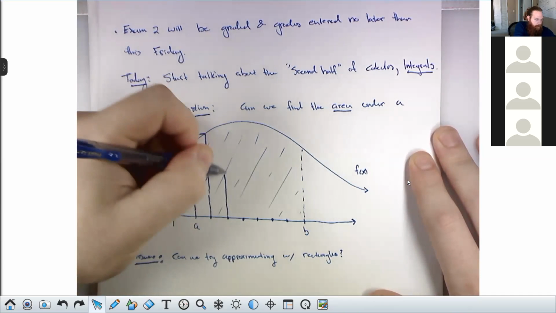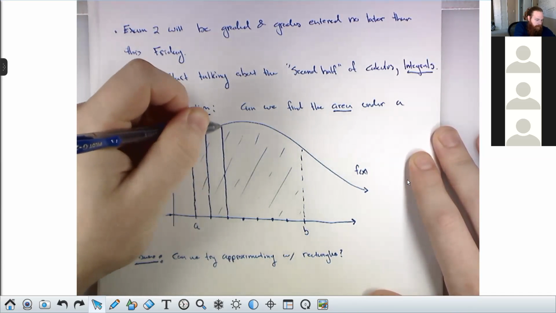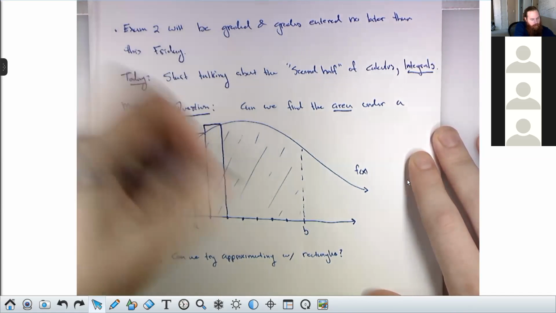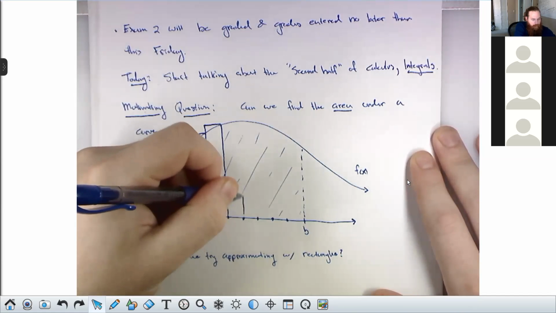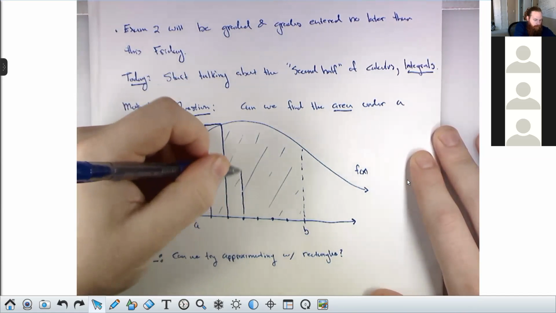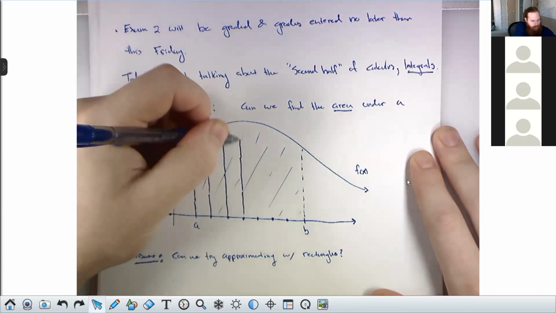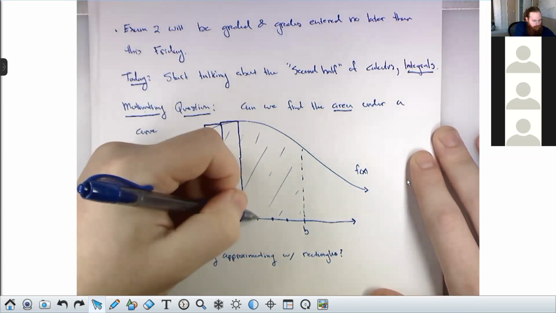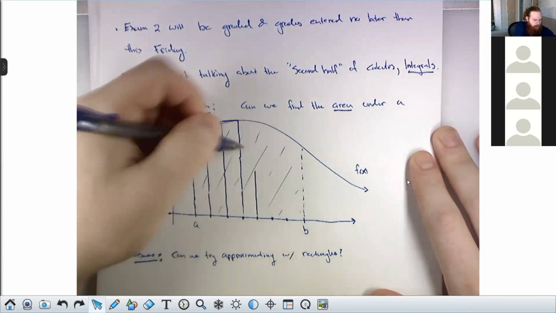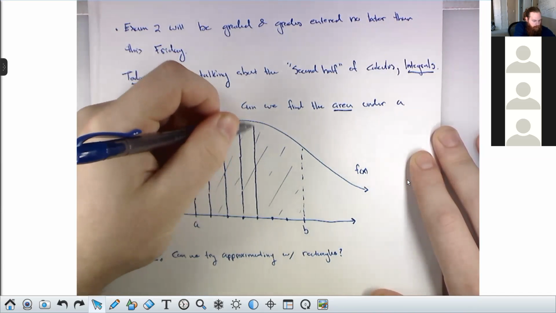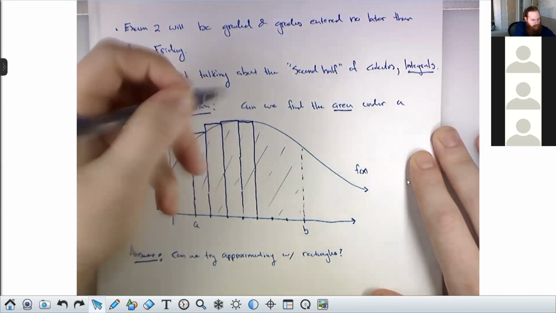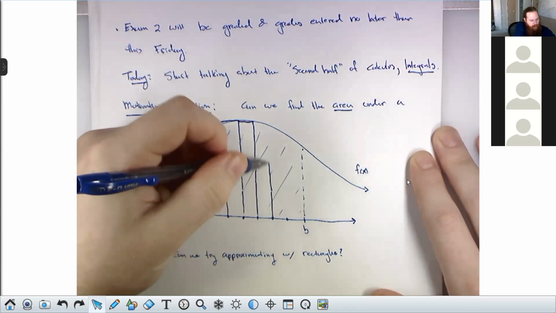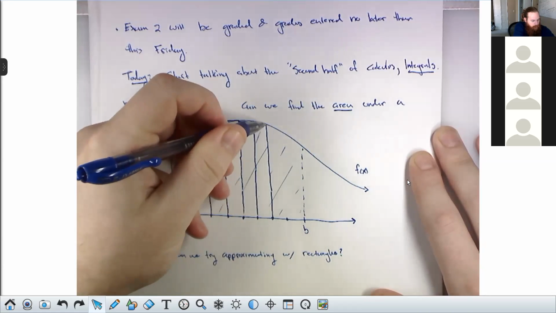And the way I'm doing it here, I'm determining the height of the rectangle by the right-hand side, but we could do it the other way. So definitely make sure you're adding this picture to your notes.